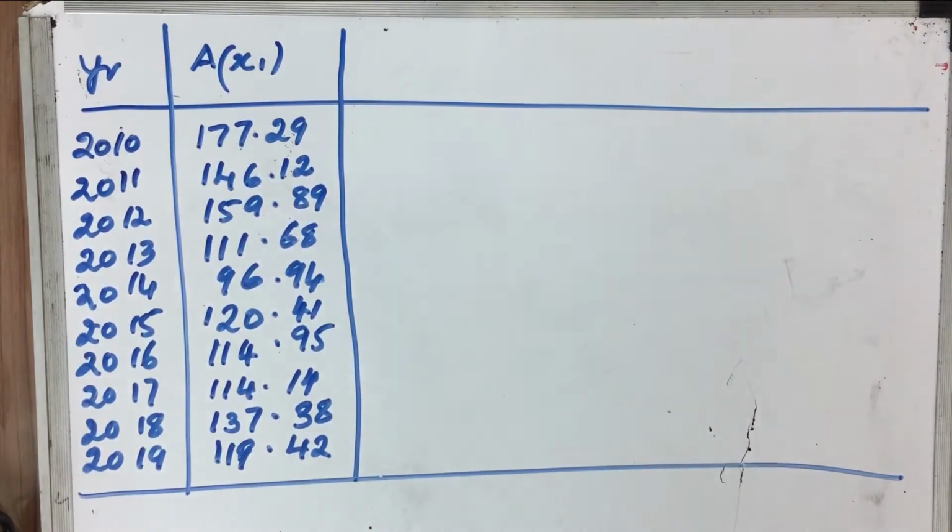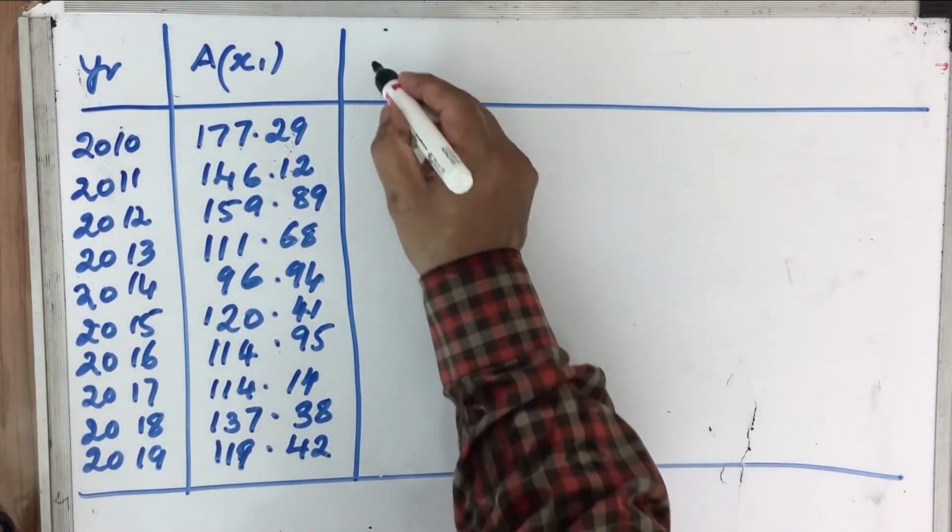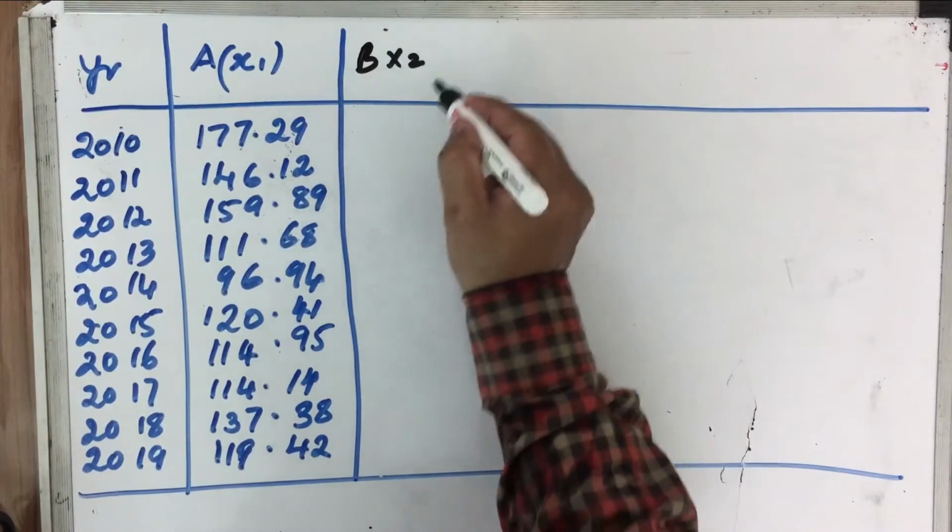Now you have village B also, which is x2.